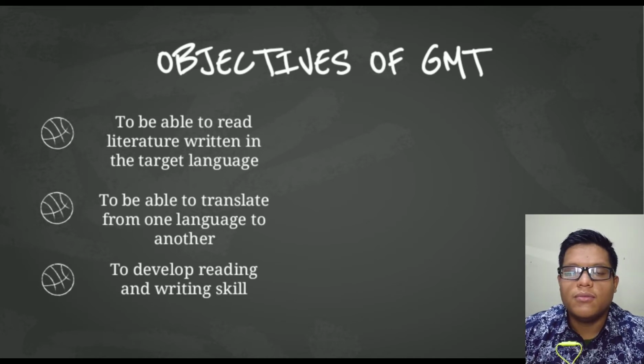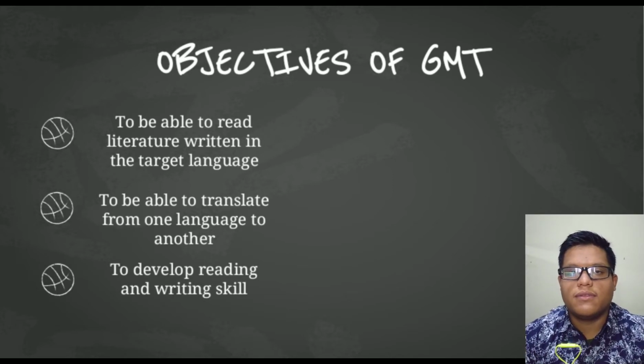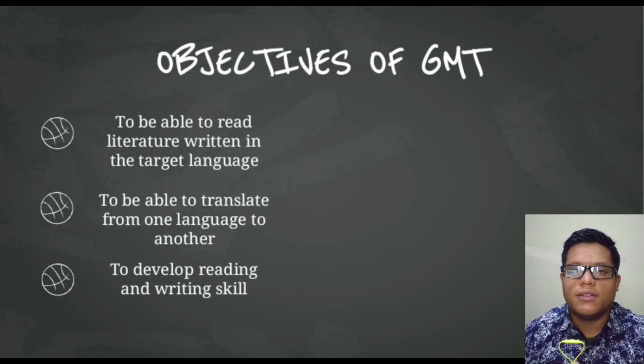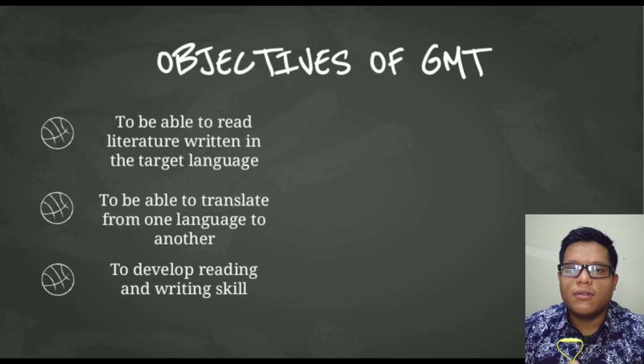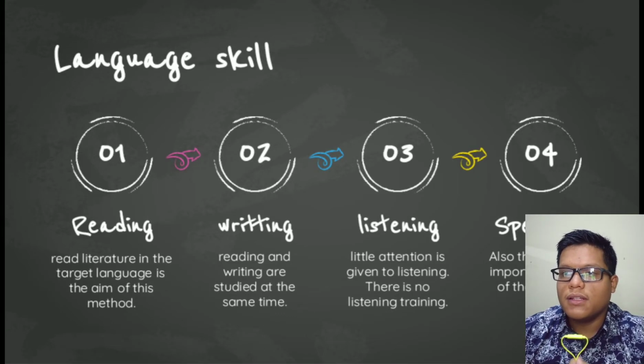Just like I said before, if we want to learn the Spanish language, it also increases our reading and writing skills in that language. We can read something new in the Spanish language, just like that. Next slide.